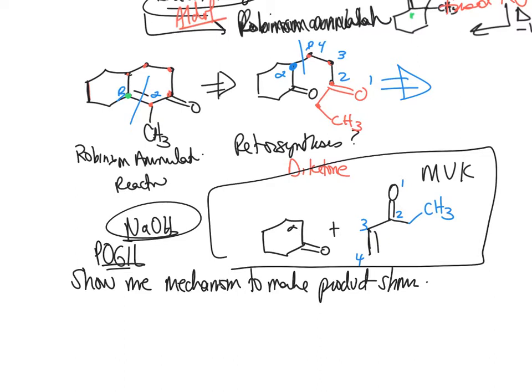You show that mechanism that gets you this product here, and then show me the mechanism to go from your diketone to your Robinson annulation reaction. And then the second thing is I want you to break this one down. And I want you to show me the starting materials for this one.